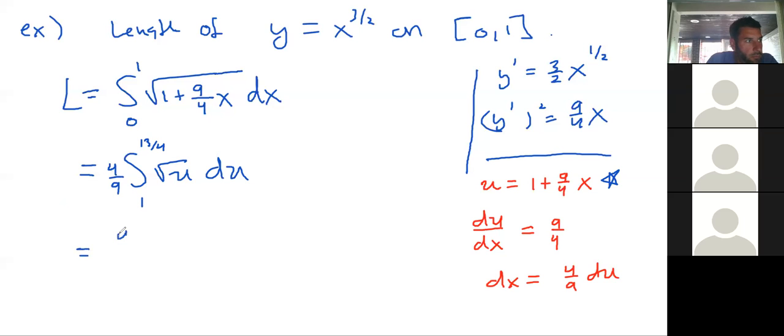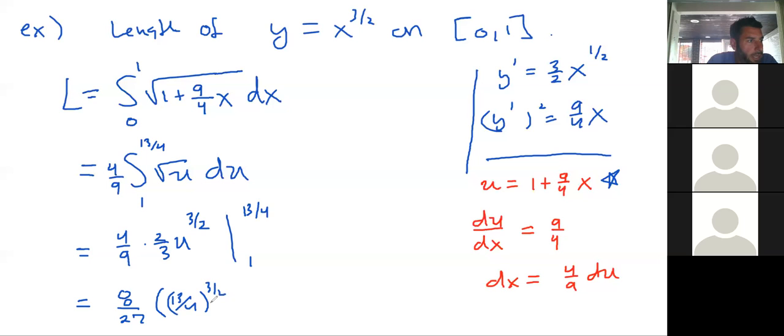So this becomes 4/9, and then you integrate u to the 1/2 and it becomes u to the 3/2. So this is 2/3 u to the 3/2 from 1 to 13/4. And you're left with 8/27 times 13/4 to the 3/2 minus 1.